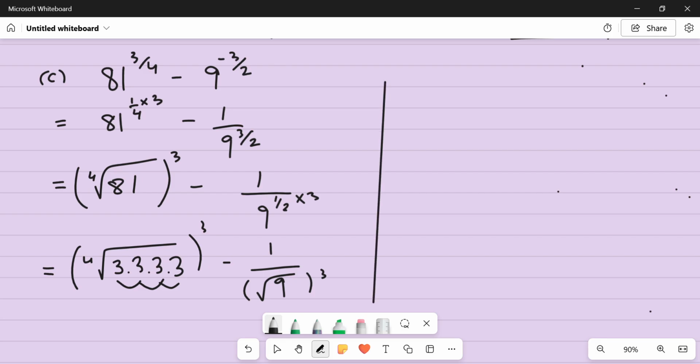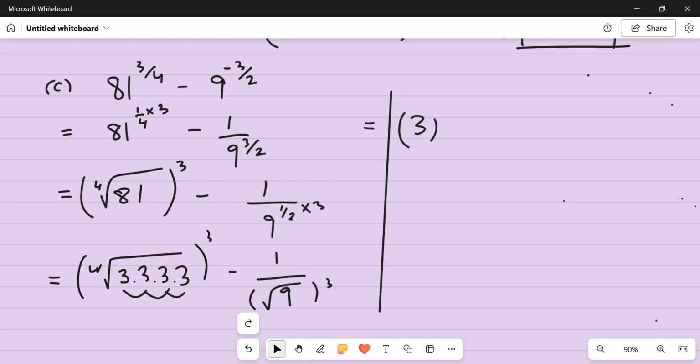Okay, so here this 4, and we will take out 1, 3 to the power cube, minus 1. What is the square root of 9?